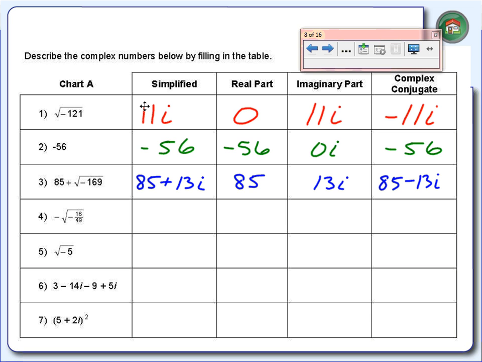All right, next one we have is negative square root of a negative 16 over 49. Let's ignore that first negative sign there. Right now, all I need to know is what is the square root of a negative 16 over 49?